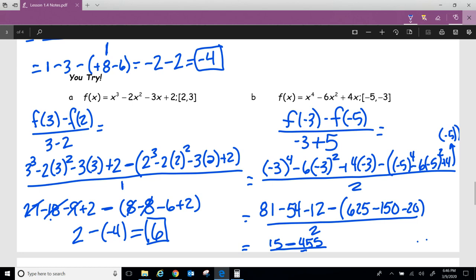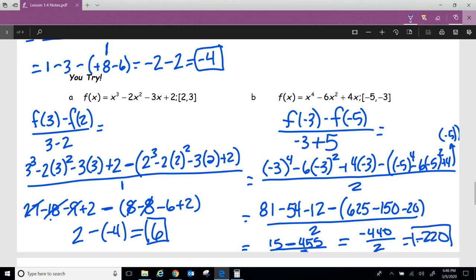And I can't write it under there. It's all divided by 2. 15 minus 455 would be negative 440 divided by 2, and we should get negative 220.